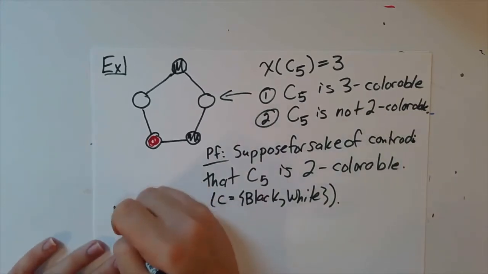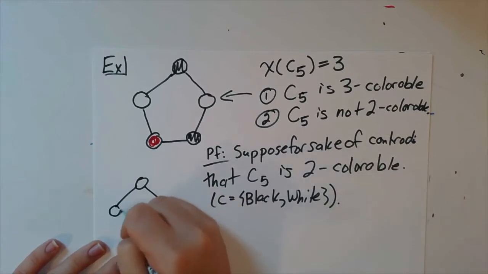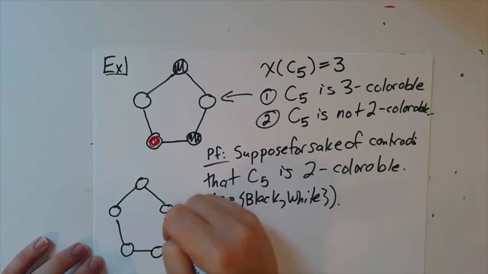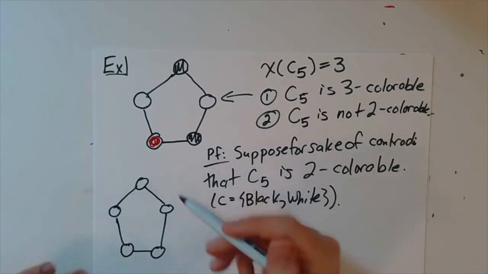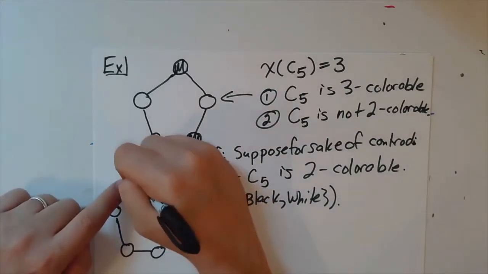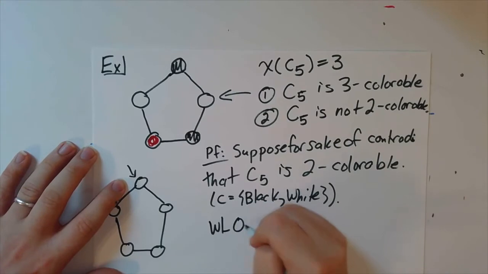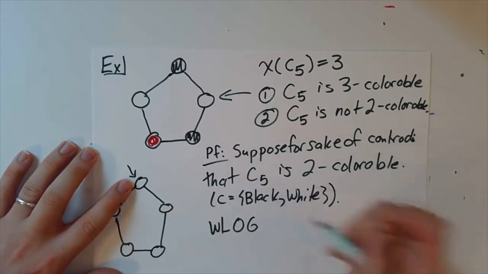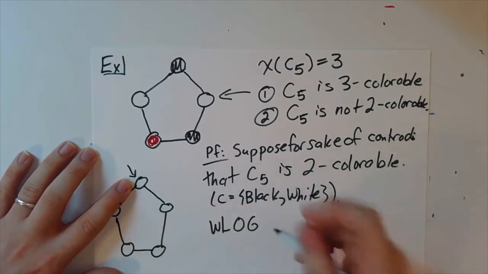Now, as we've talked about in many ways, in many flavors, this graph is completely symmetric in that all the vertices can be taken to any of the other vertices. So it doesn't matter where I start. So without loss of generality, let's say we color the top vertex black. If I'd colored it white, just swap the colors of everything, and I've colored it black.